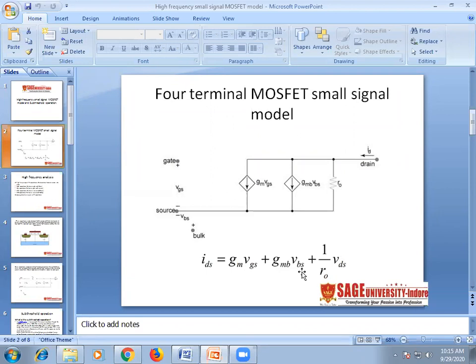So for sub-threshold devices, we have a small signal model which is shown here. We are showing the source at one side, the drain at another side, the body or bulk at the bottom, and the gate at one side.